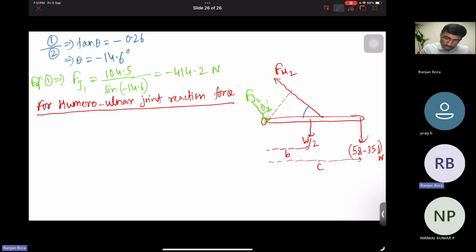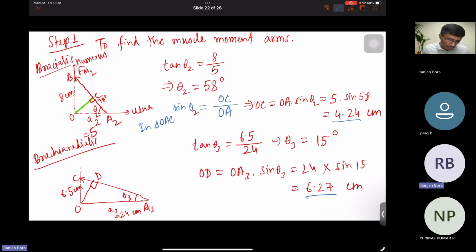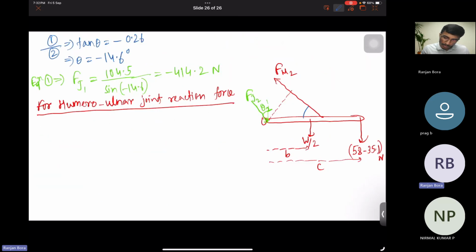Okay, for FM2, this is the brachialis muscle. This angle was 58. So we'll use summation Fx equals 0.